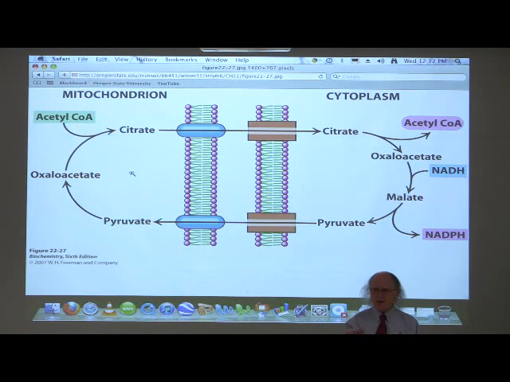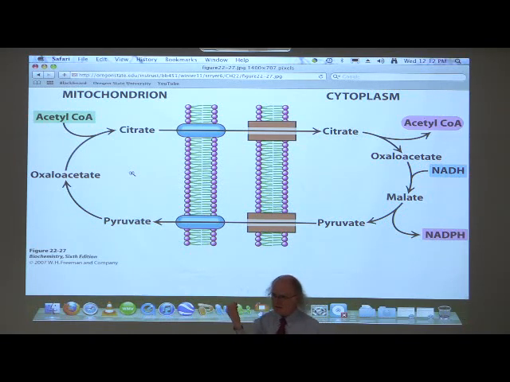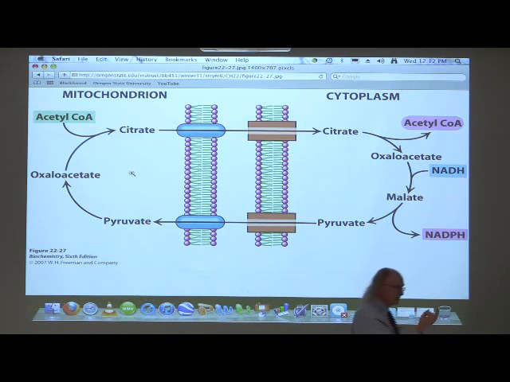All right, where is it going to stop? Well, it's going to stop at reactions ahead of, that is, the ones preceding places where NAD is needed. Isocitrate concentrations will go up. Citrate concentrations will go up. And if you think about it, when citrate concentrations go up, what do we use to make citrate? Acetyl-CoA. So we're going to have a lot more free acetyl-CoA sitting around when we're not burning up ATP.